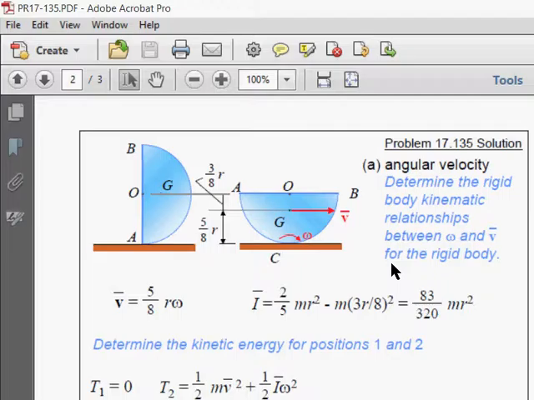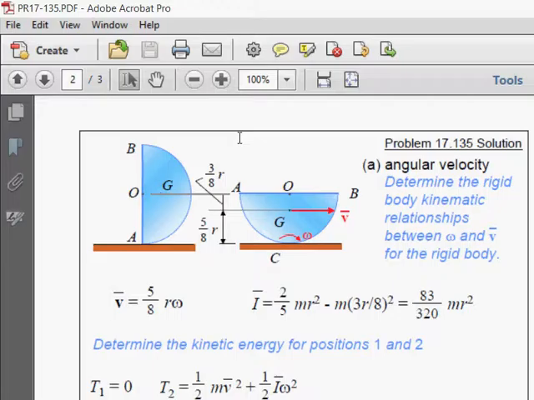So in this case, you have the velocity is 5/8 r omega, and then we have the moment of inertia here. So determine the kinetic energy for positions 1 and 2.